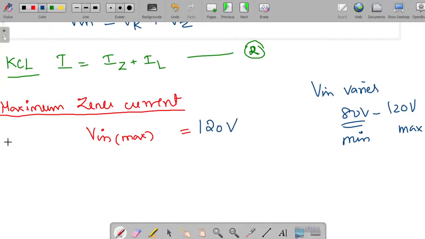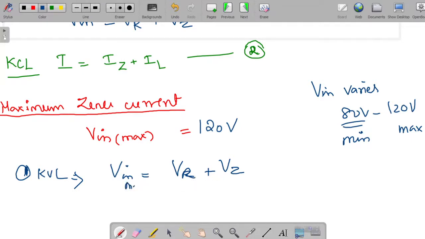So then if you go for the first equation, that is your KVL, what we write according to KVL is Vin equal to VR plus VZ.